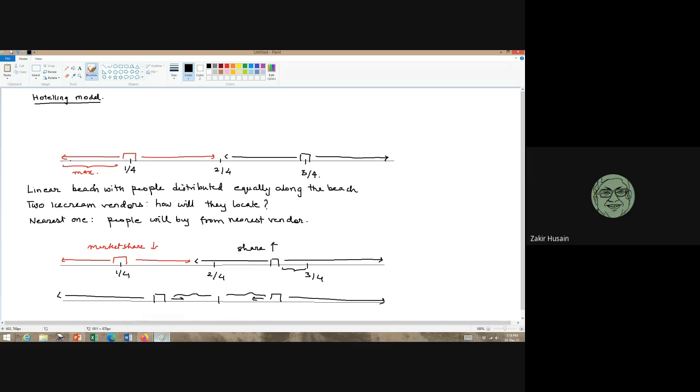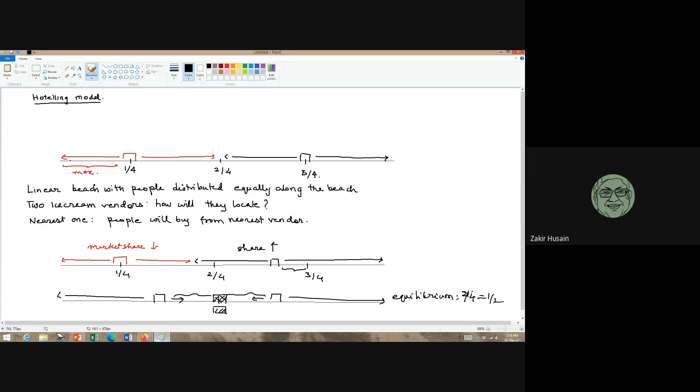He will also react by coming closer. And what will happen? They both reach this point. You have got two vendors over here. Now will anyone shift over to this side? No, because in that case he's going to lose. So both of them are happy. This is equilibrium. Both of them locate at 2/4, that is half.